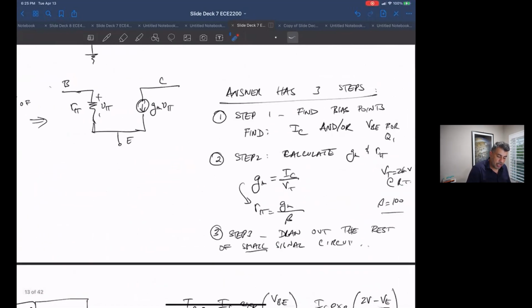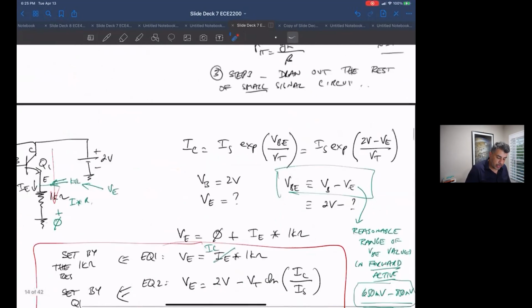Honestly, what you really need is just I sub C, because once you have I sub C, you get your small signal parameters.